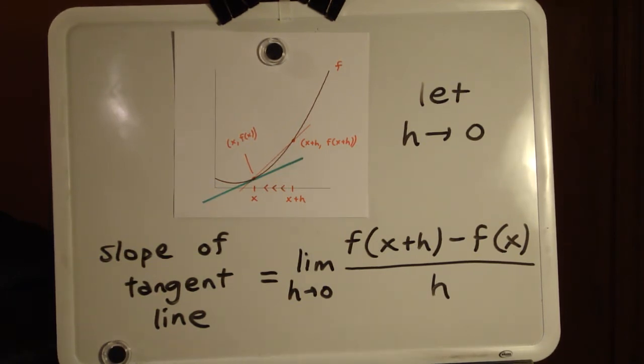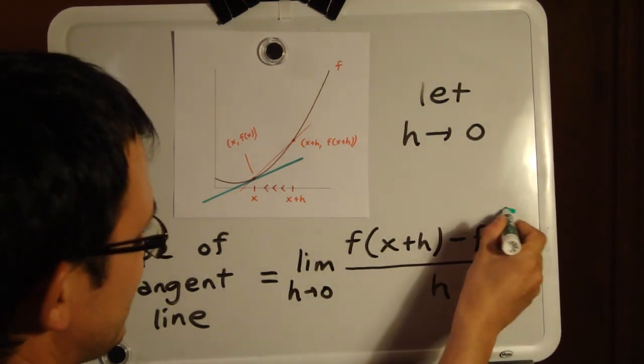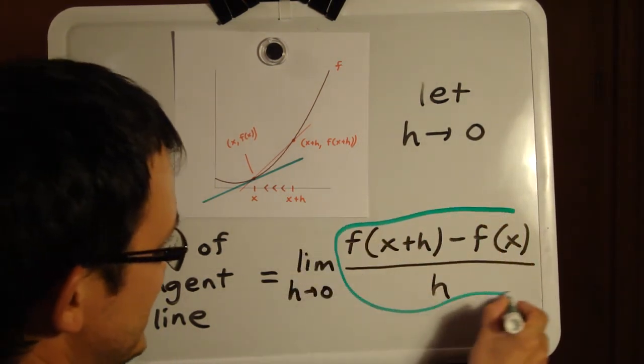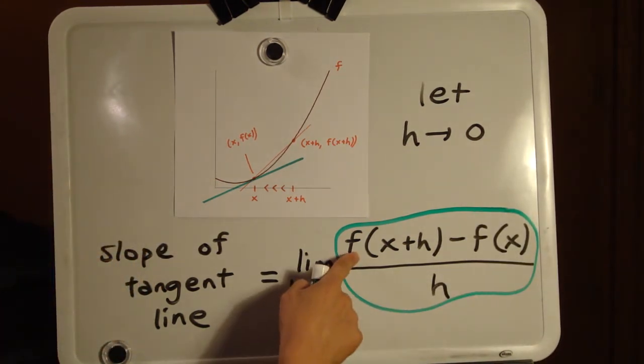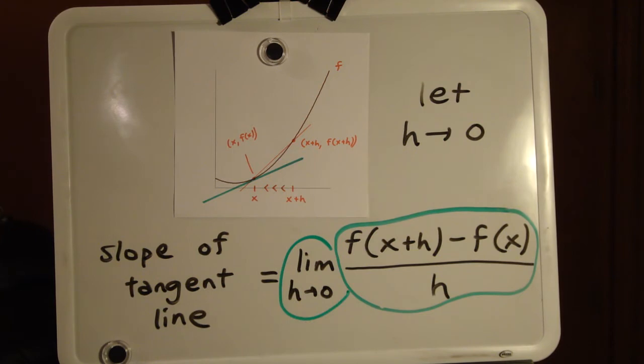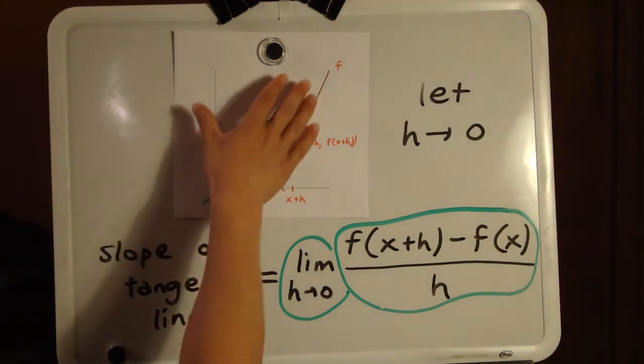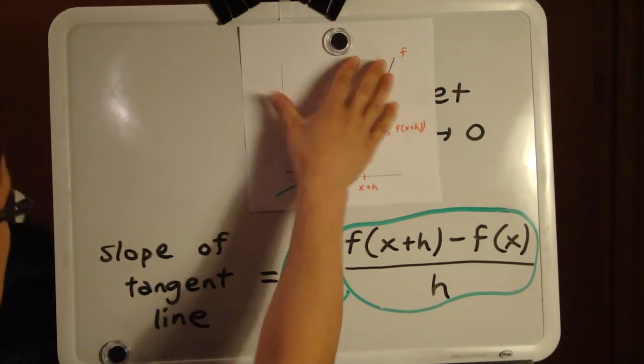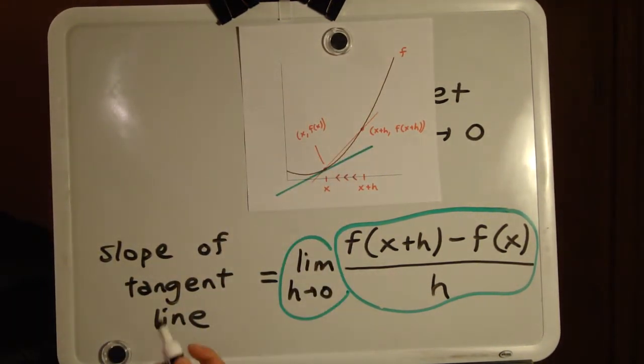You can see this definition uses the idea of the secant line, because if you look carefully, this expression represents change in y over change in x. It's this idea of a limit that gives you the slope of the tangent line. There are many ways that you can notate the derivative, so I just want to go through a couple of those.